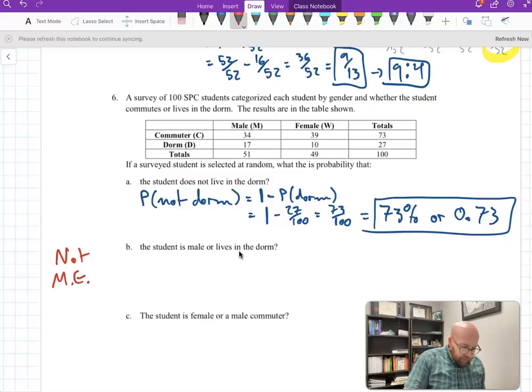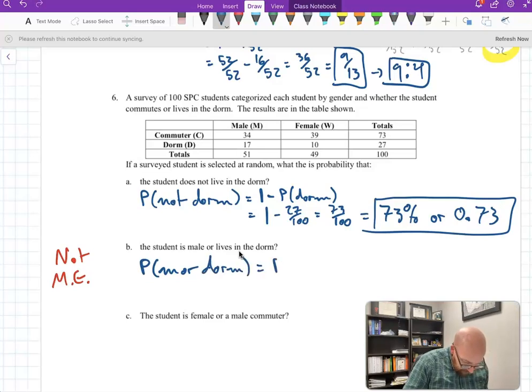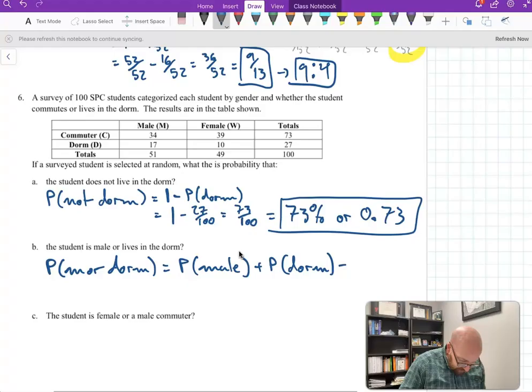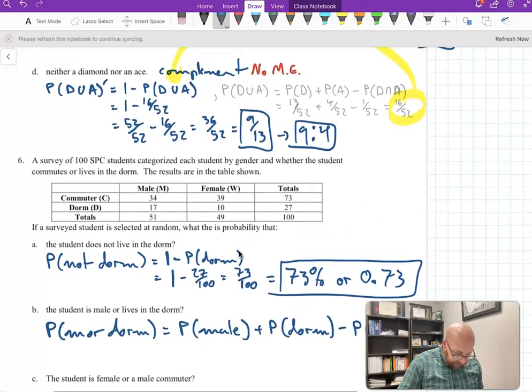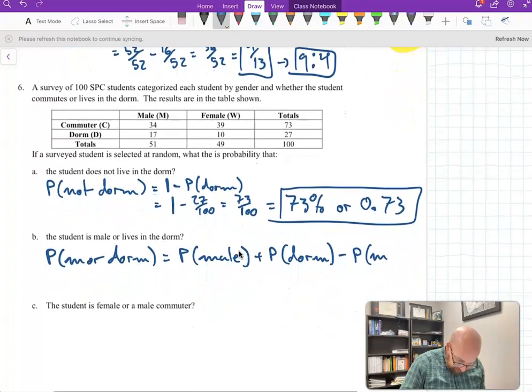So, to find the probability that you are male or live in the dorm, we're going to find the probability that you're male, add that to the probability that you do live in the dorm, and then we're going to subtract the probability that you are both a male who lives in the dorm.